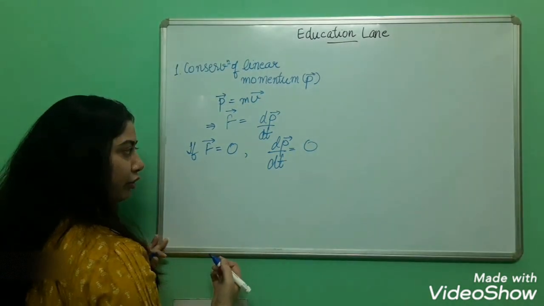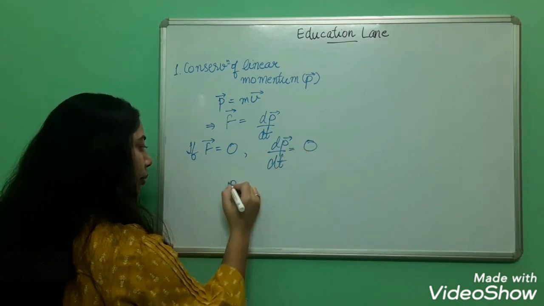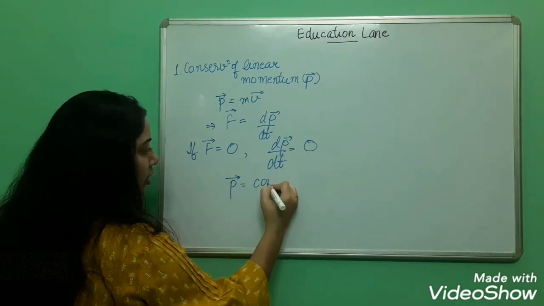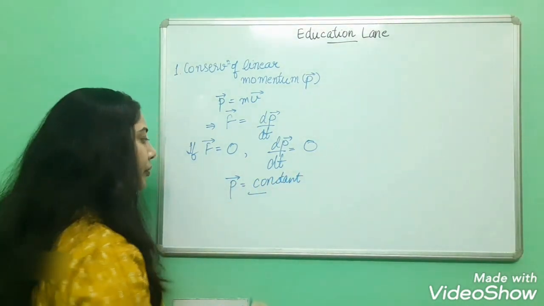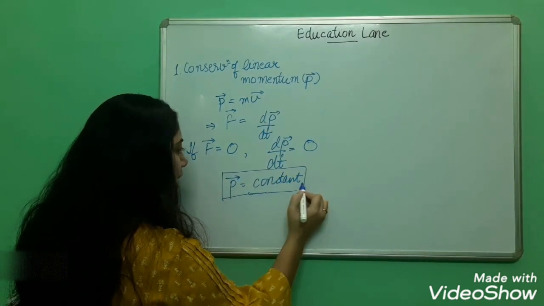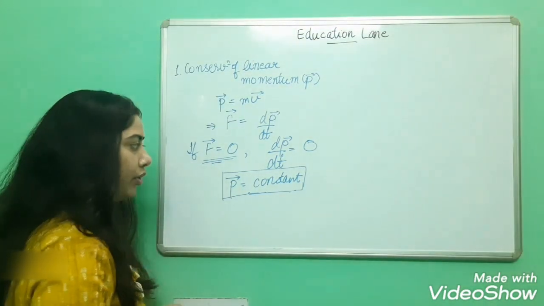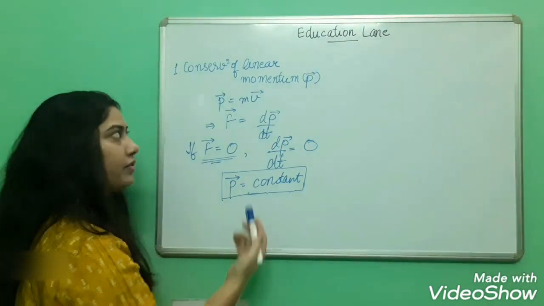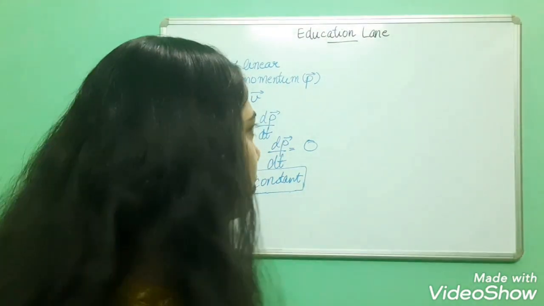Now according to the formula, this term will be 0 only when momentum is constant. Good. So my linear momentum will remain conserved as long as the force acting on it is 0. So this is your first conservation law. This is very easy.